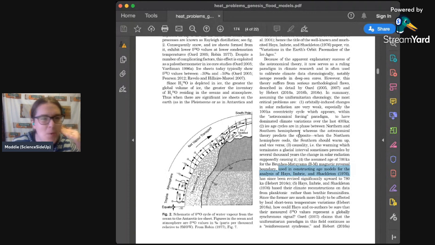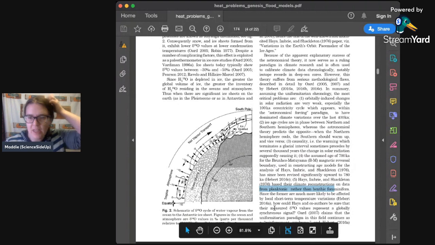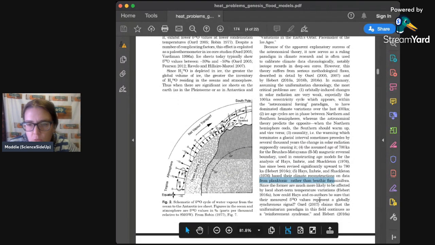I don't know. They base their climate reconstructions on planktonic rather than benthic foraminifera, since the former are much more likely to be affected by local short-term temperature variations. How could Hayes and co-authors be sure that their measured oxygen-18 fraction values represent a globally synchronous signal?